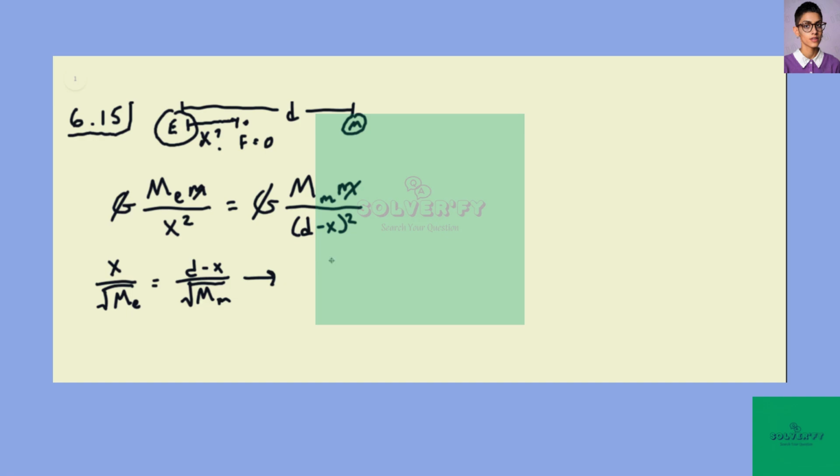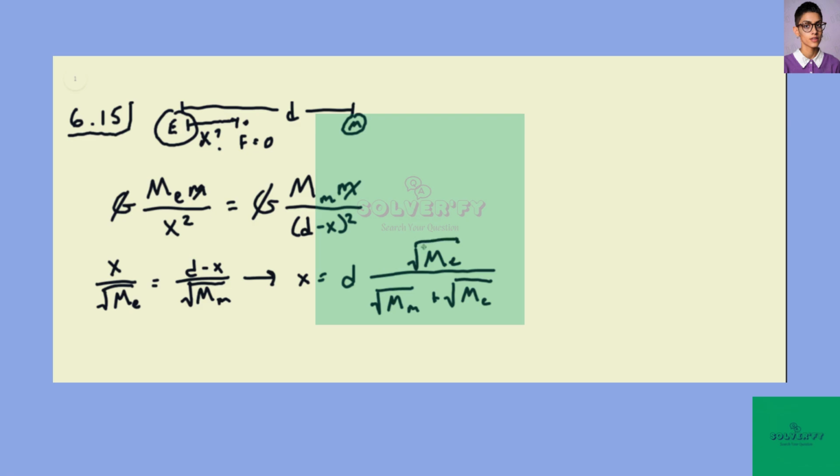And then doing some more rearranging, we can find that our distance from the Earth is going to be equal to the distance between the Earth and the Moon times this ratio, which is going to be the square root of the mass of the Earth divided by the sum of the square roots of the masses of the Earth and Moon.